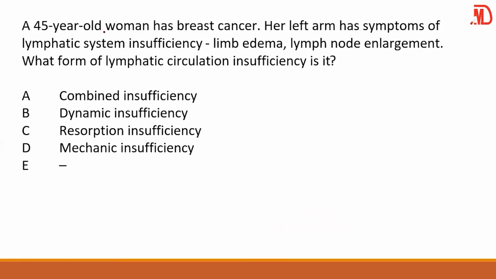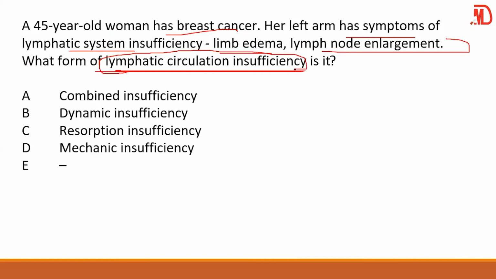A 45-year-old woman has breast cancer. Her left arm has symptoms of lymphatic system insufficiency, lymph edema, lymph node enlargement. Your question is what form of lymphatic circulation insufficiency. And over here, I think there's a lymph node enlargement.